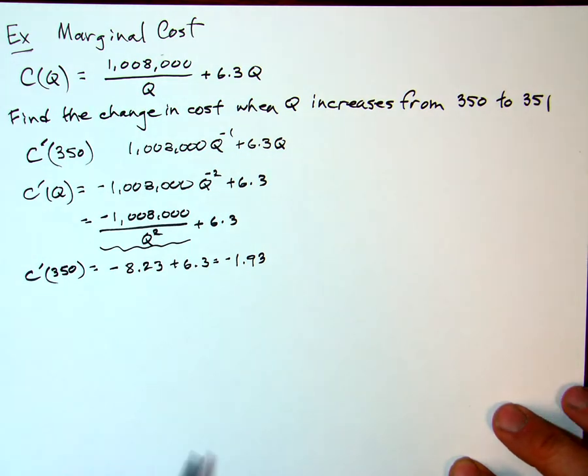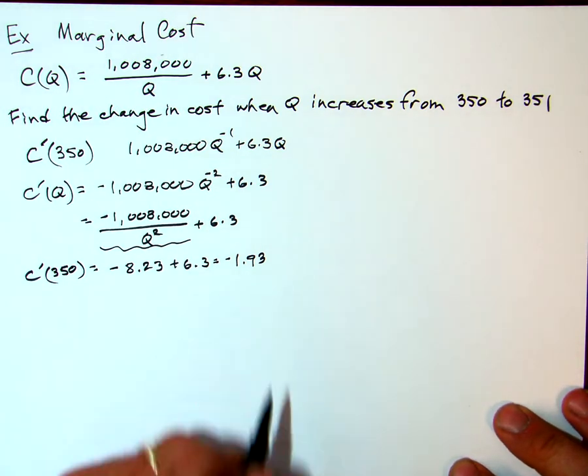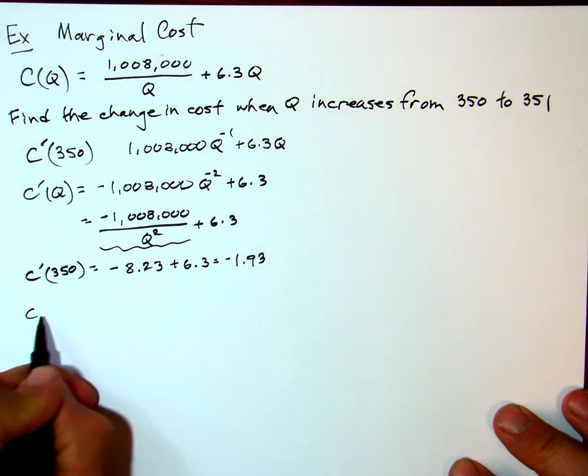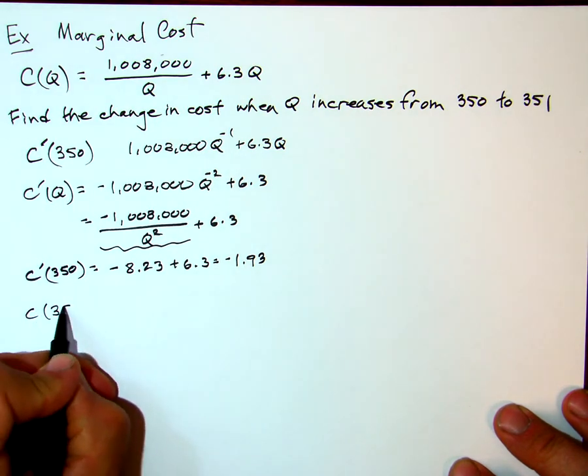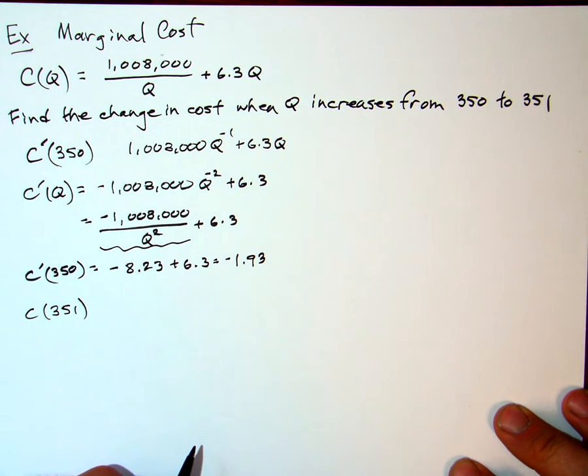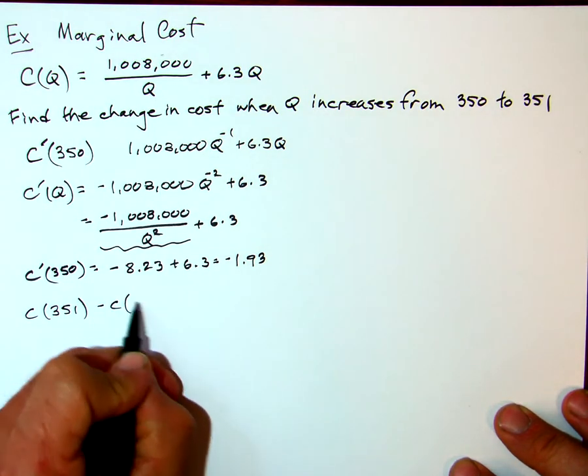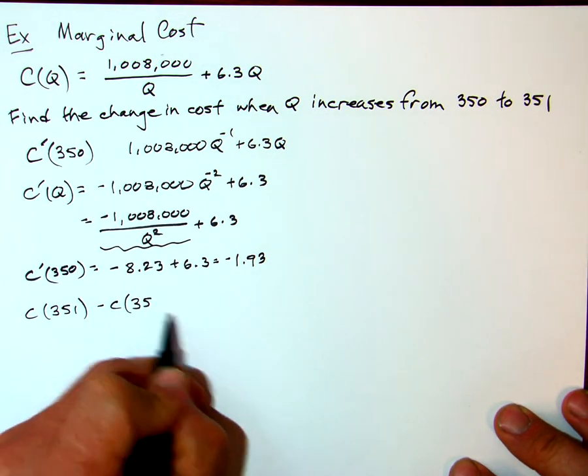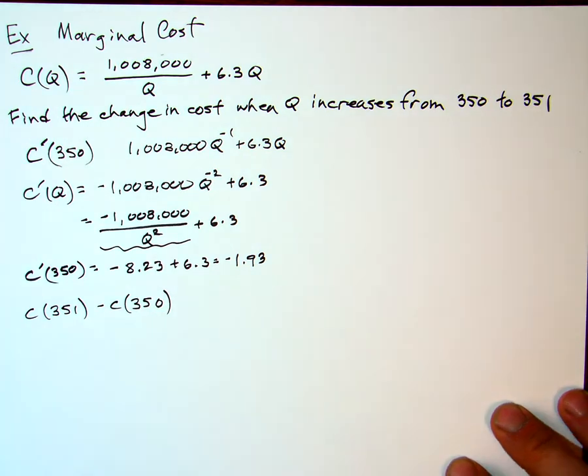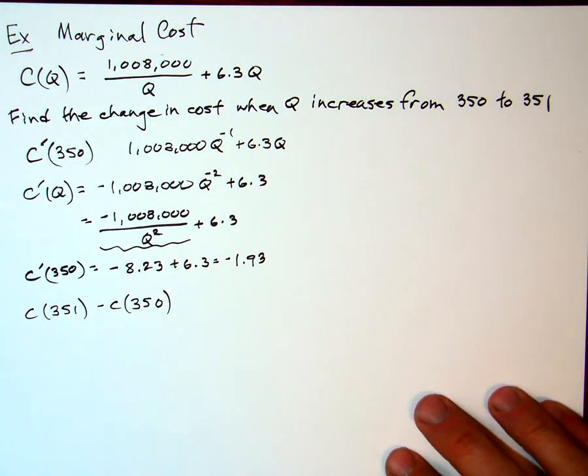Let's look at what we would find exactly to see how good our estimate was. In other words, we could find the cost of storing 351 orders minus the cost of storing 350 orders in terms of our inventories.